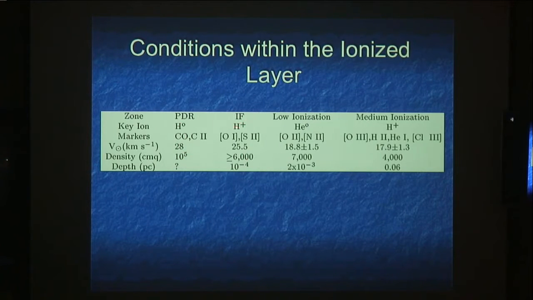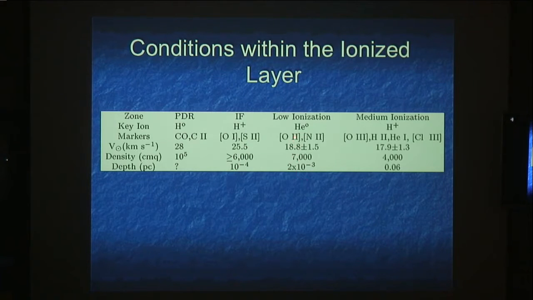Then the ionization front, which has its own particular velocity markers, densities, thickness; low ionization, the helium neutral zone, its own velocities, densities, and size.